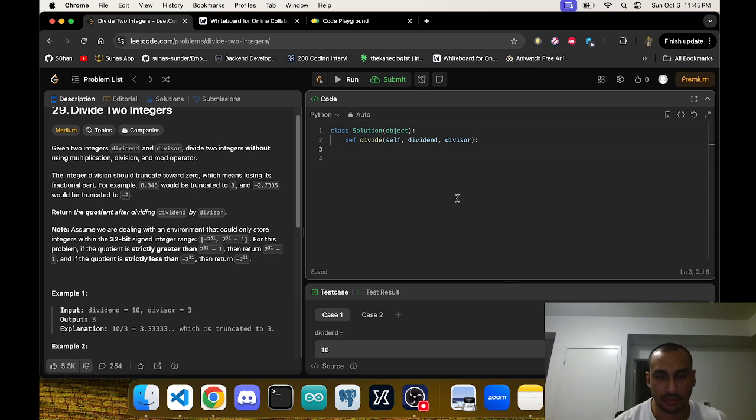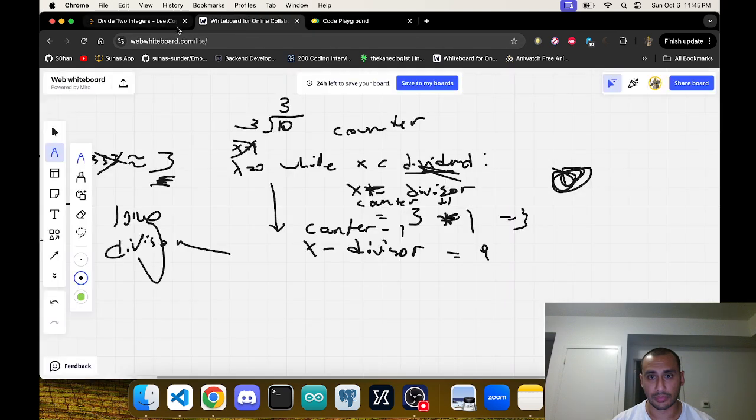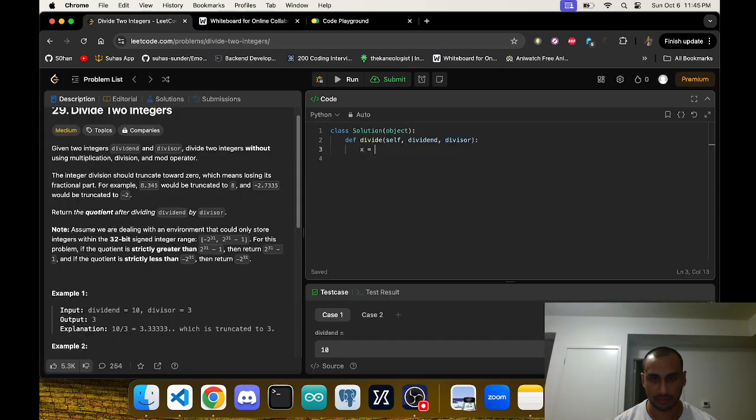So what I want to do now is, first I can go while x, so let's make x equals 0. While x is less than dividend, right?